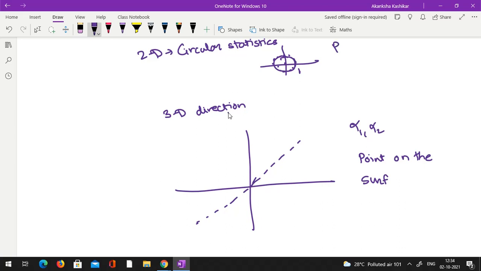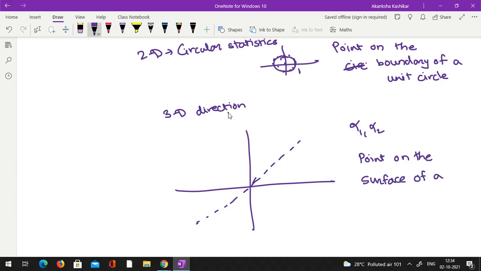Here I was saying a point on the boundary of a unit circle, and now a point on the surface of a unit sphere.